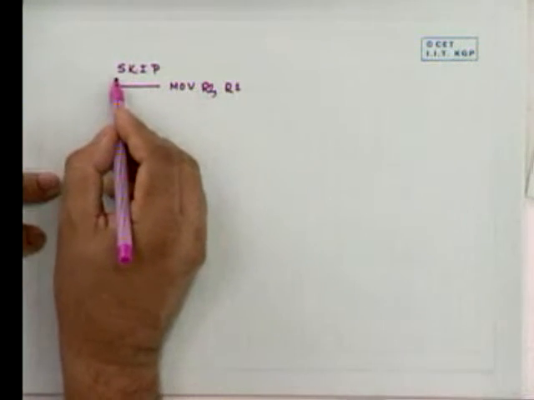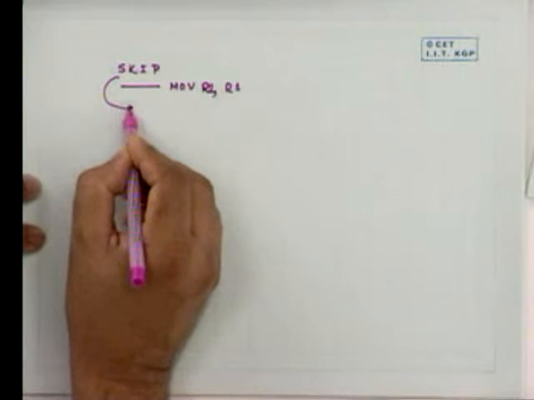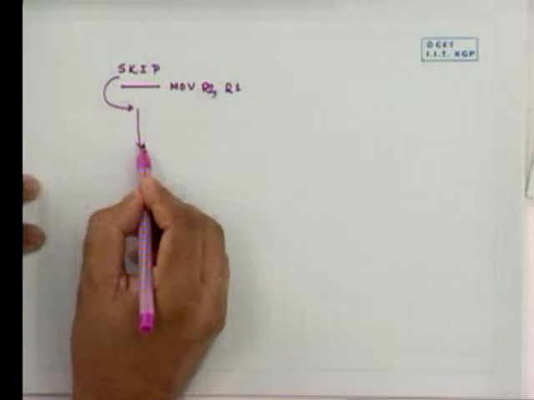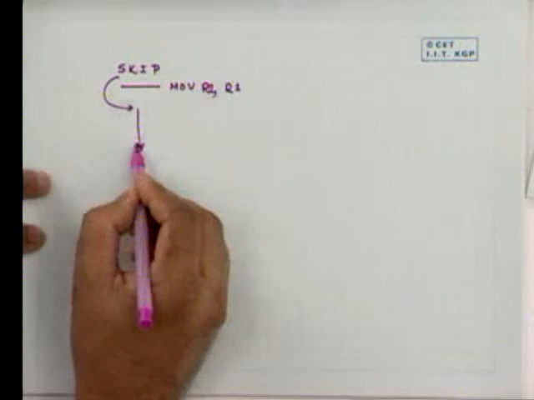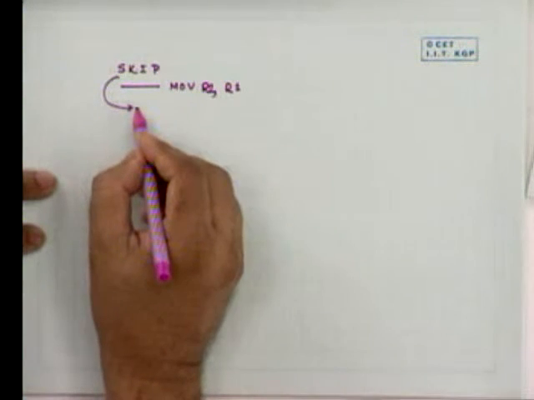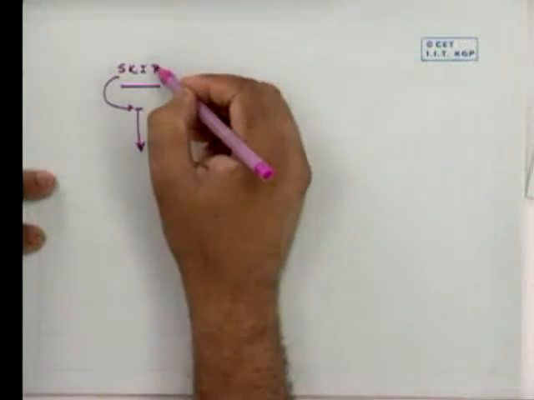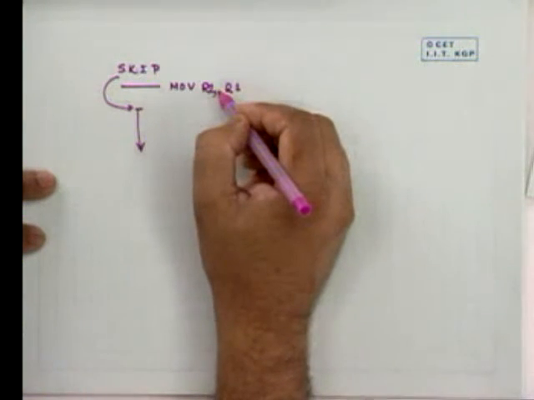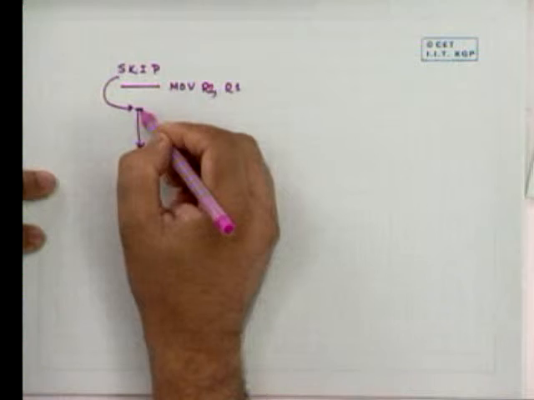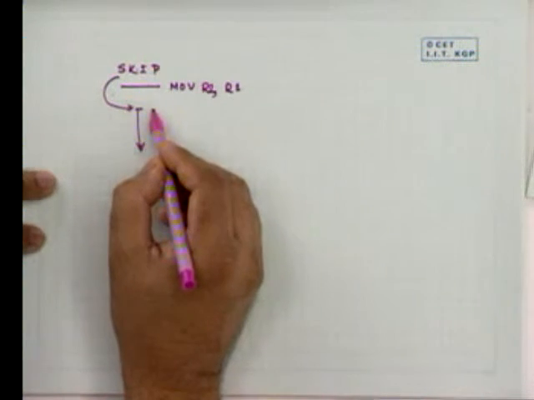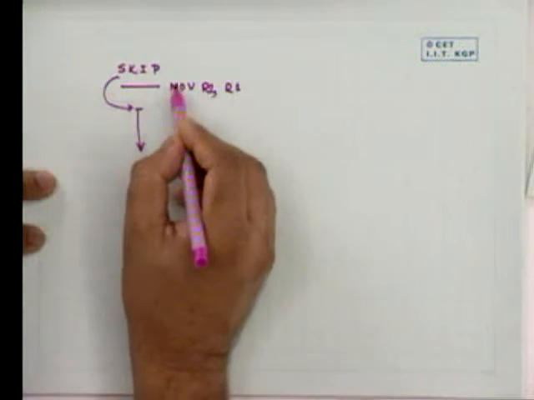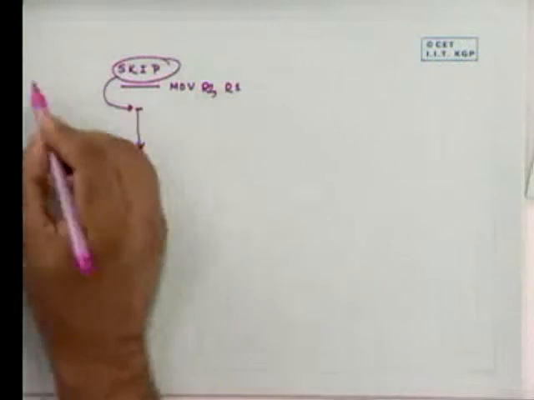Then the skip instruction skips the next instruction and continues the execution. The CPU continues execution from the instruction after that. That means it skips the immediately next instruction, and the control comes to the instruction which is next to next. That is called the skip instruction.